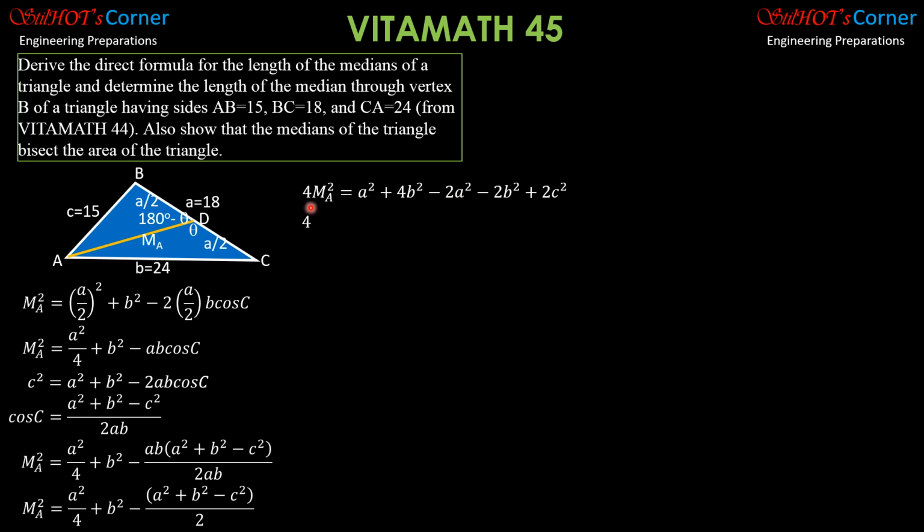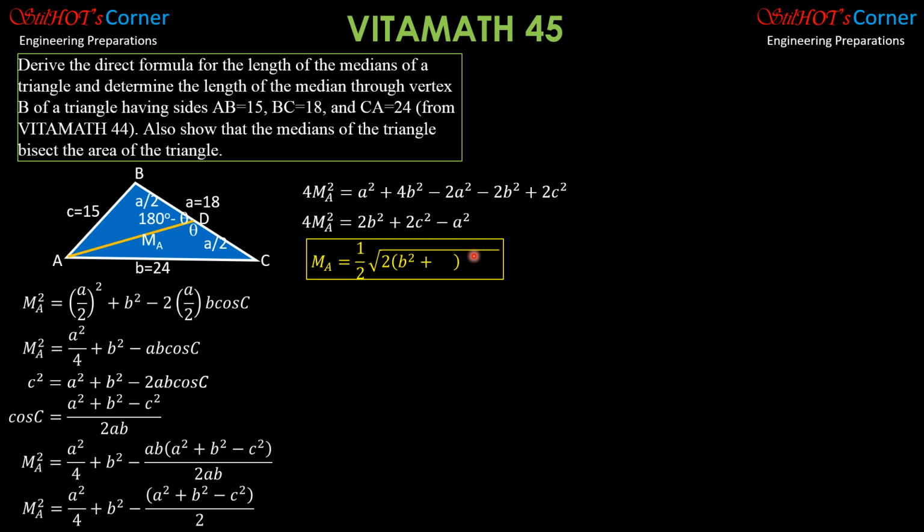Therefore, 4MA square equals 2B square plus 2C square minus A square. Finally, we extract the square root and we can now have MA. So MA equals square root of quantity 2 times B square plus C square, then close, minus A square, divided by 2, because the square root of 4 is 2.